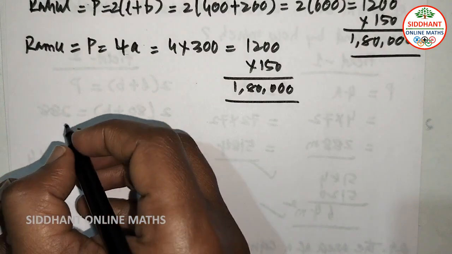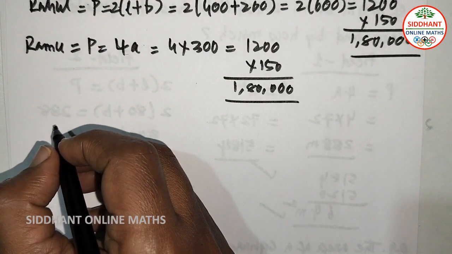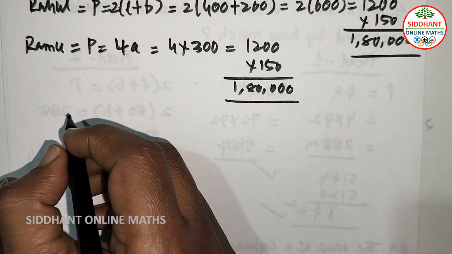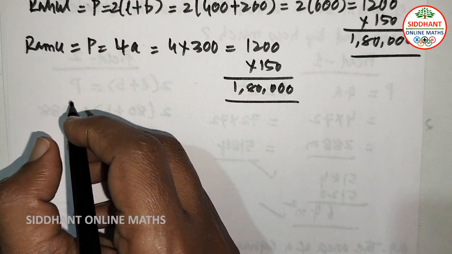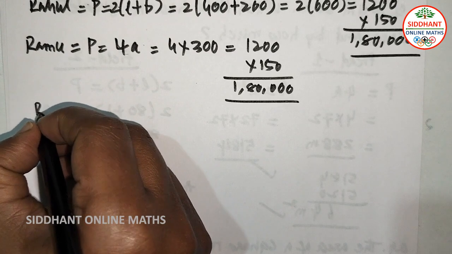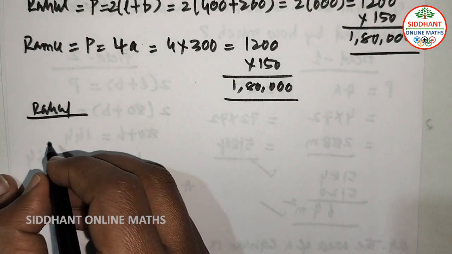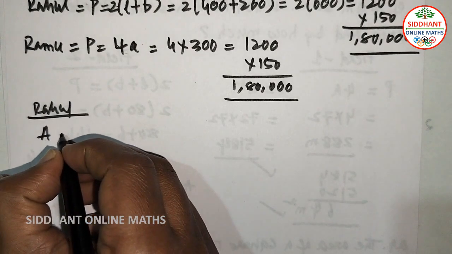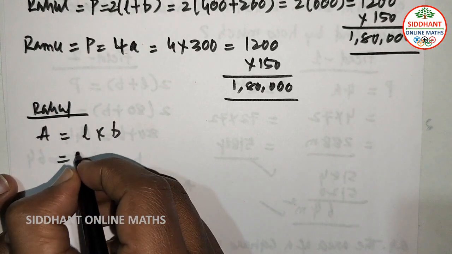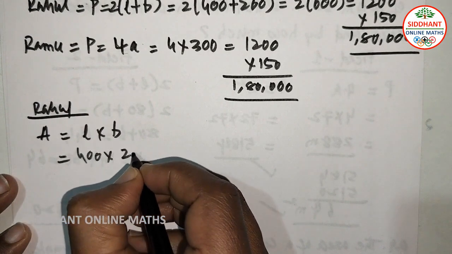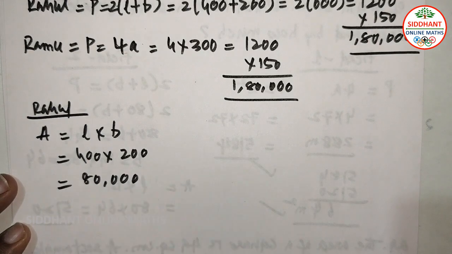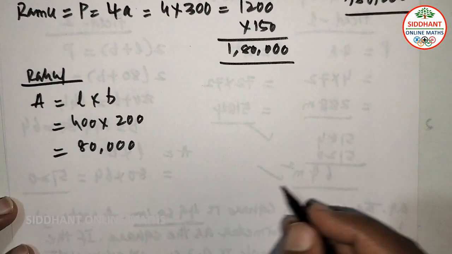Next they asked the question, if one tree can be planted in an area of 10 square meters, then how many trees can be planted in the field? So for Rahul's area, area is equal to L into B, so that will be 400 into 200, which is 80,000.